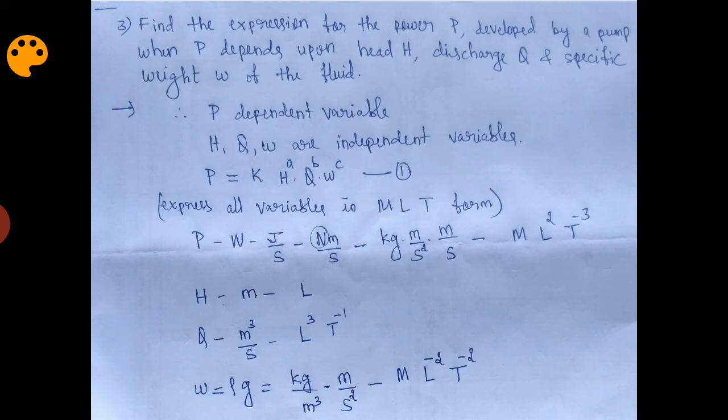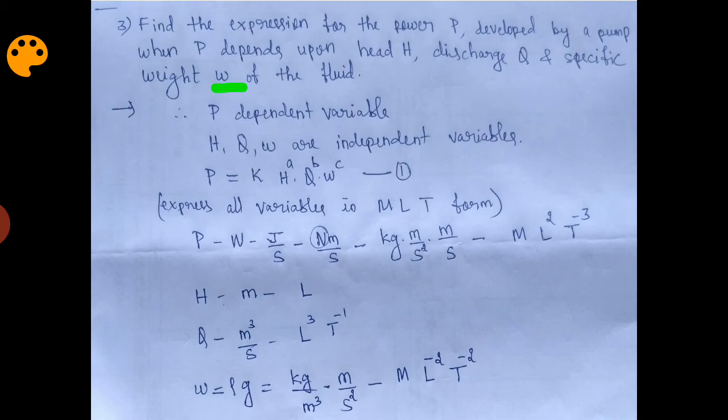Find the expression for the power developed by a pump P, which depends upon head H, discharge Q and specific weight of the fluid W. Okay, so if you see here, we can easily identify that power depends on head, discharge and specific weight.